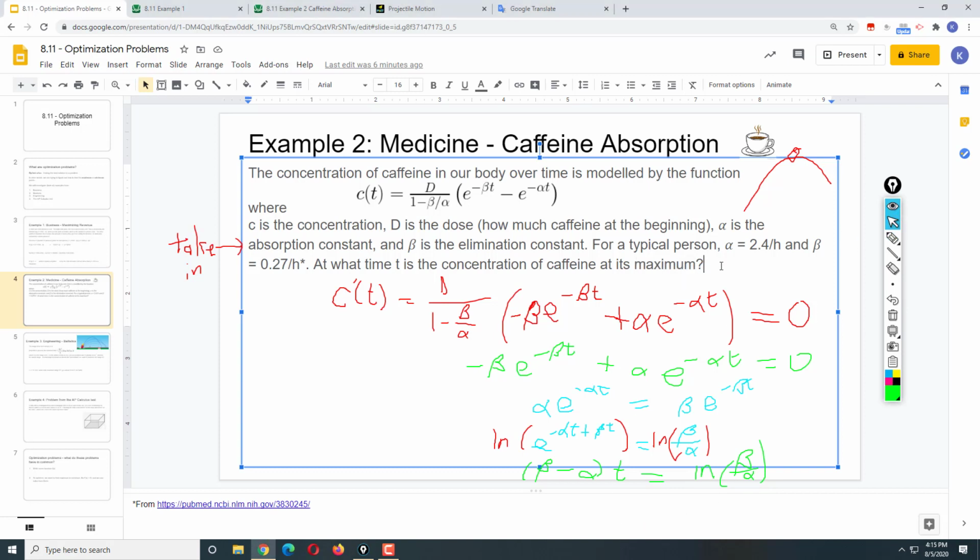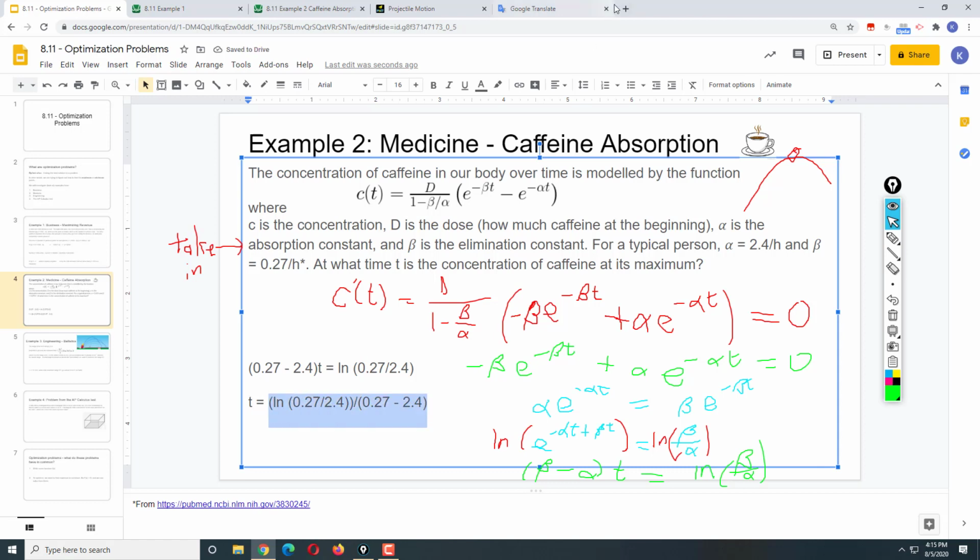And now finally, let's plug in our constants. I'll do it over here. So that means that beta is 0.27 minus alpha, which is 2.4, times t is equal to ln of 0.27 over 2.4. That means that t is ln 0.27 over 2.4 divided by 0.27 minus 2.4. That's the time at which caffeine is at its maximum.